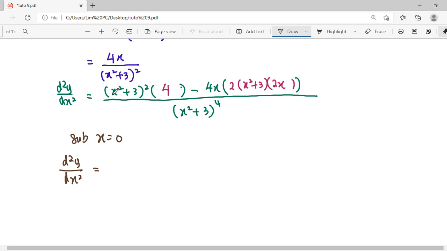So 0 squared plus 3, squared, is 9, times 4. And then the other term is 0, multiplied with everything is 0. So this is 4 over 3 to the power 4. Figure this out, it will be 4/9.